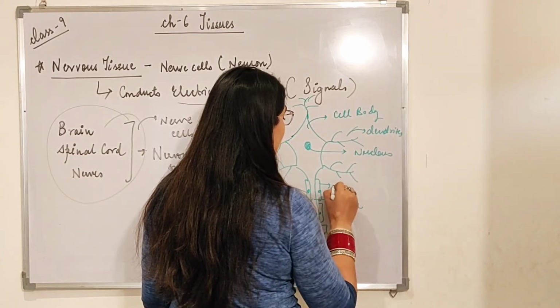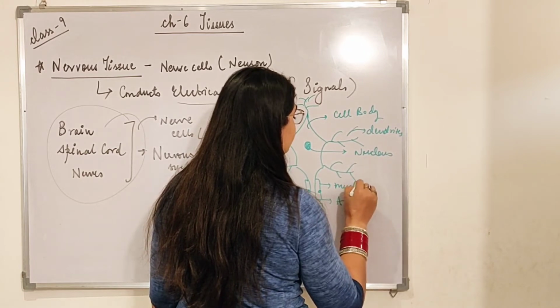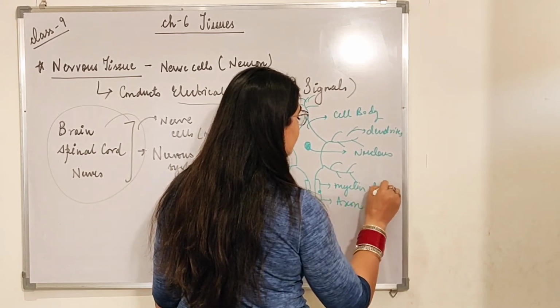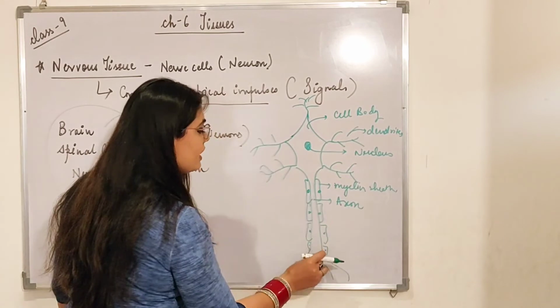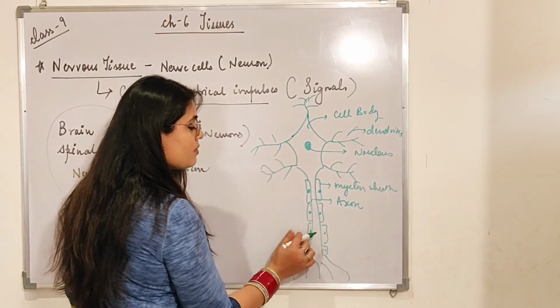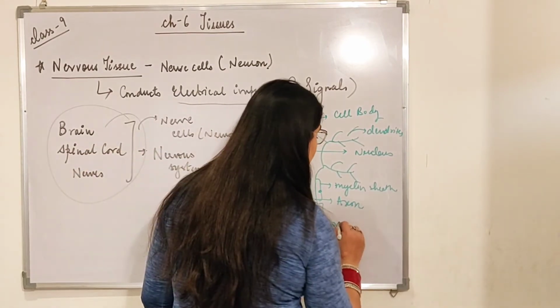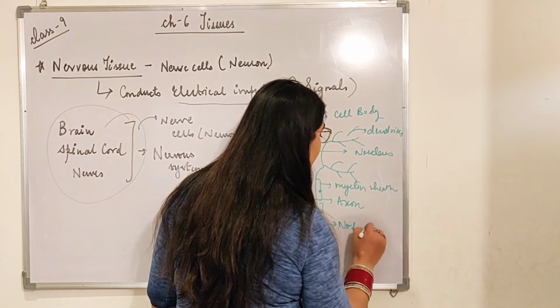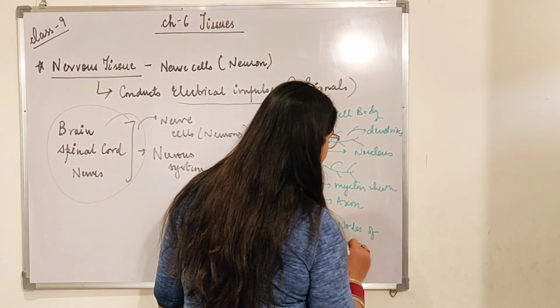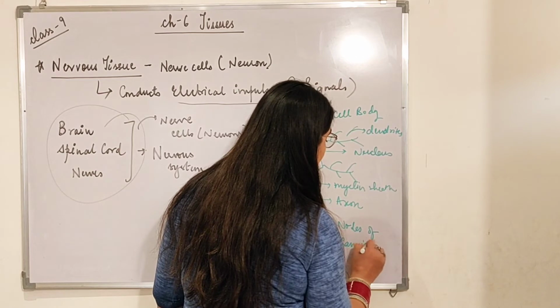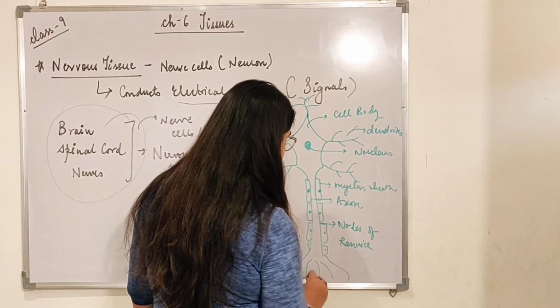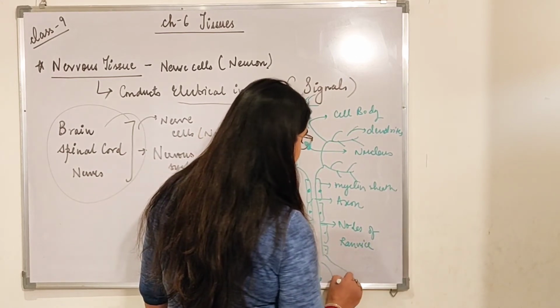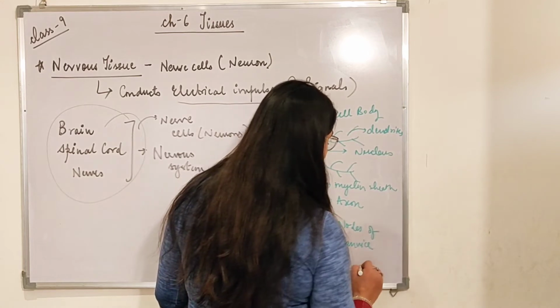This is the myelin sheath, and the myelin sheath is basically covering the axon, but there are open spaces in between. These open spaces are known as nodes of Ranvier. And the last ones are known as the axon terminals or the nerve endings.